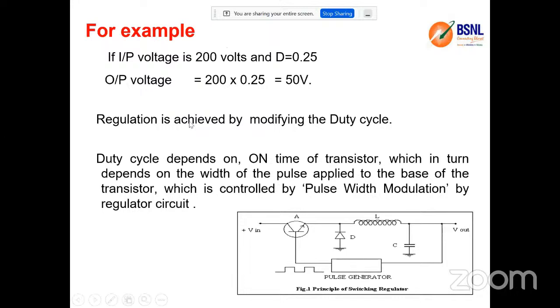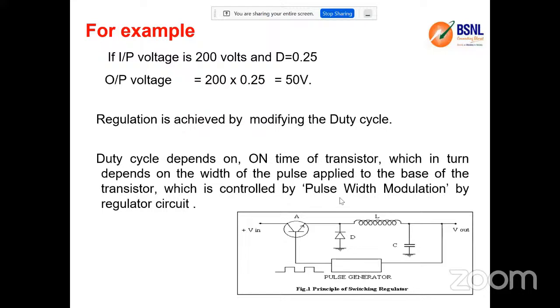So here the regulation is achieved by modification of the duty cycle. How long the transistor has to be switched on and how long it has to be switched off will be done with the help of the pulse that is given to the base. That is why it is called a pulse width modulation technique.